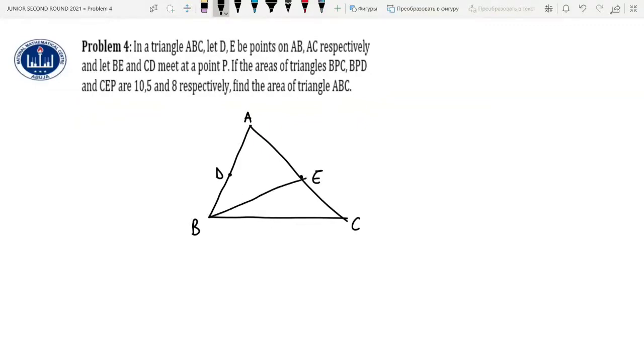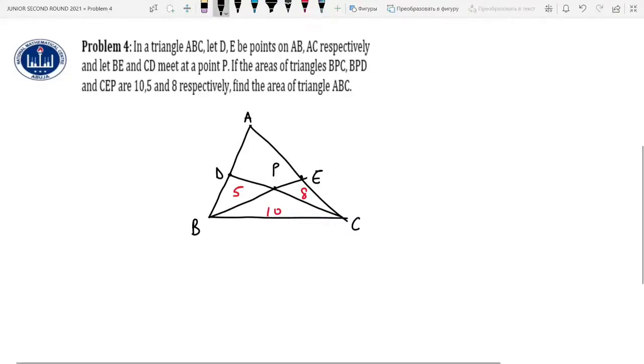Then we draw lines that cross together, and we have a point here called P. So the areas are like 5, 5 and 8, respectively. So the question asks us to find the area of the whole triangle.